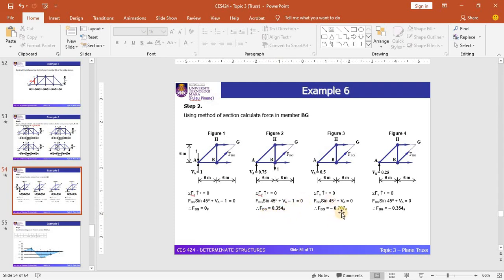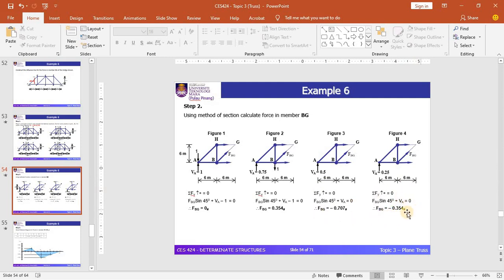For figure 3, FBG is equal to negative 0.707, where in this case the 1 unit load has been moved to joint C, which cannot be seen in this diagram. In figure 4, FBG is equal to negative 0.354.